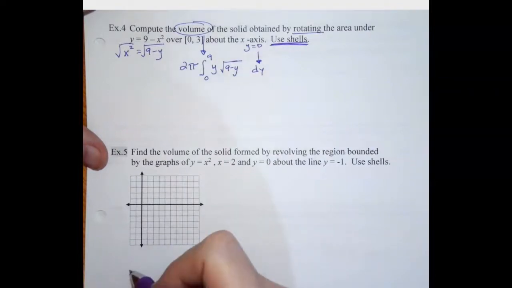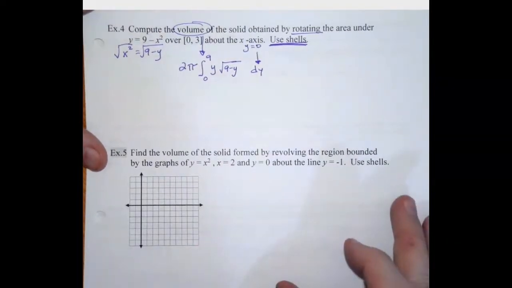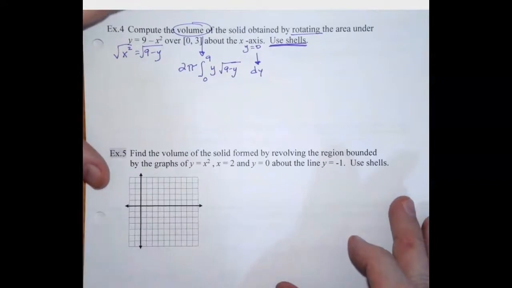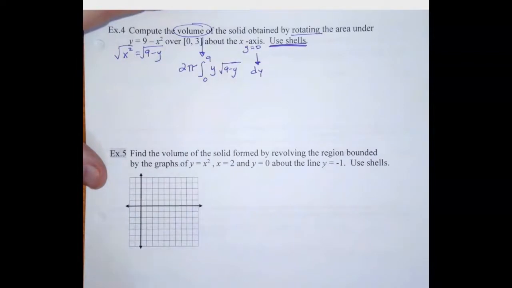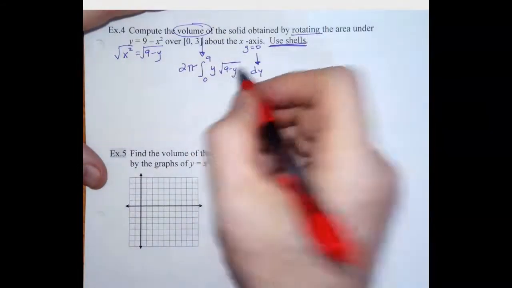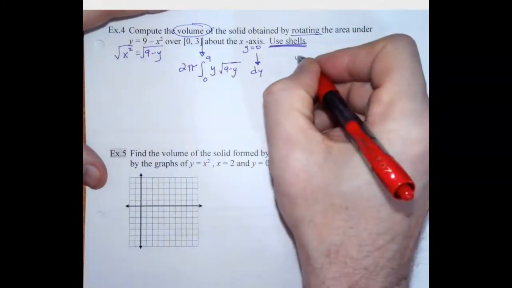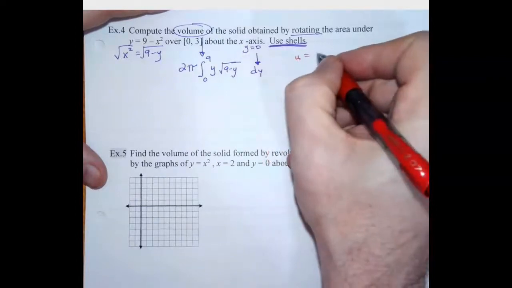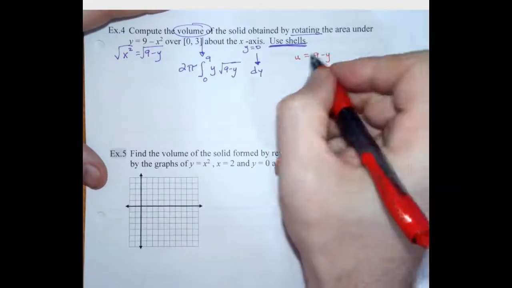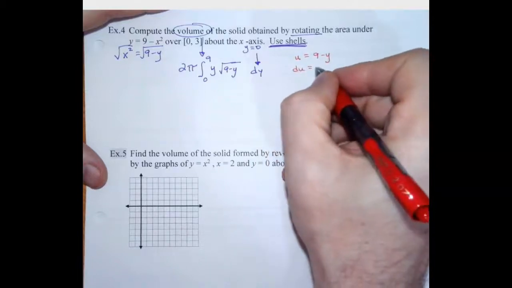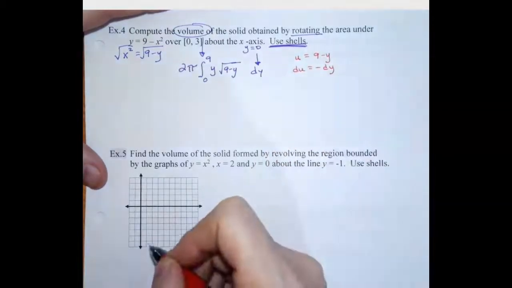This problem is a little bit tricky, and I don't think we would see anything on this level, so don't feel too bad if you're not really sure what's going on here. So what we need to do here is use a u substitution. We're going to let u be 9 minus y, and du is going to be negative dy. Now we still have a problem.